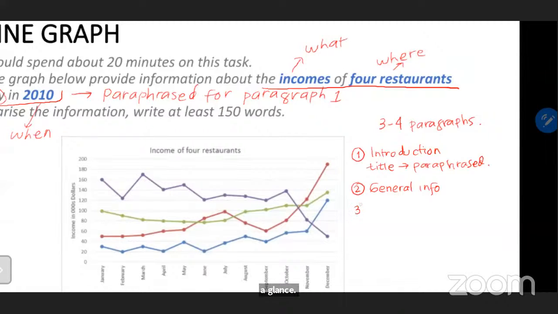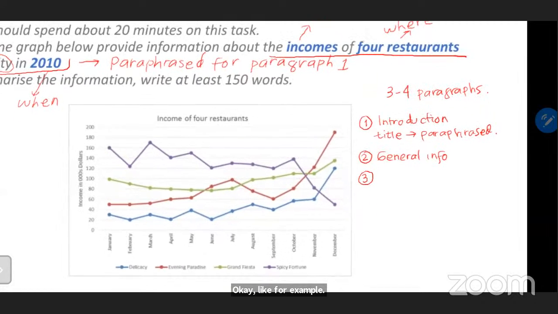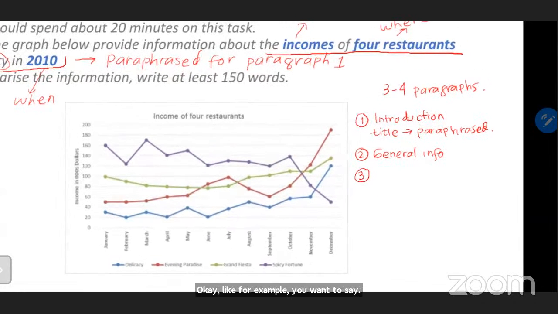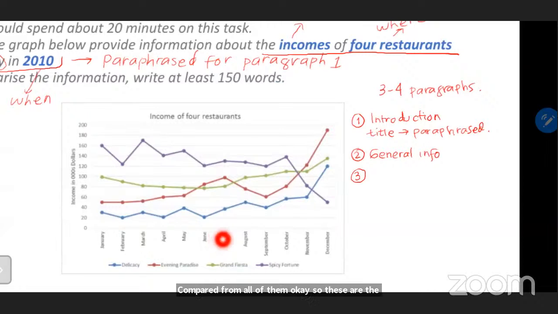And then on paragraph 3, you get more specific. Okay, like for example, you want to say compared from all of them. Okay, so these are the information of the name of the restaurants: Delicacy, Evening Paradise, Grand Fiesta, Spicy Fortune.